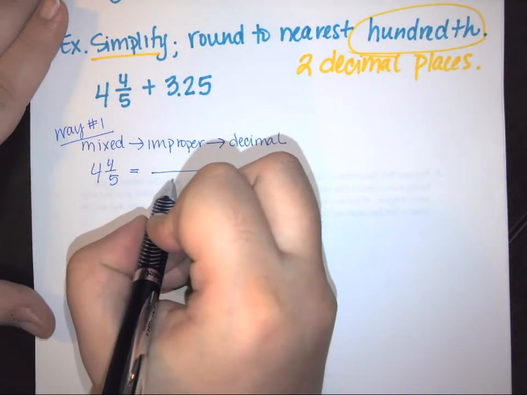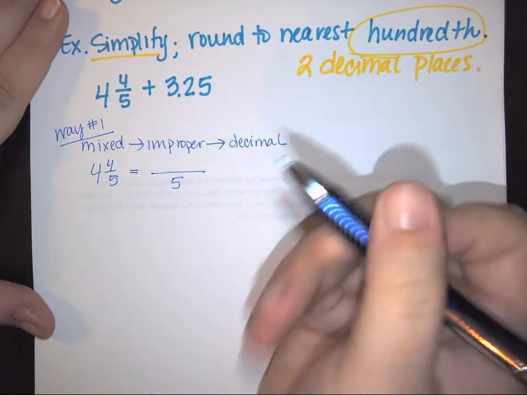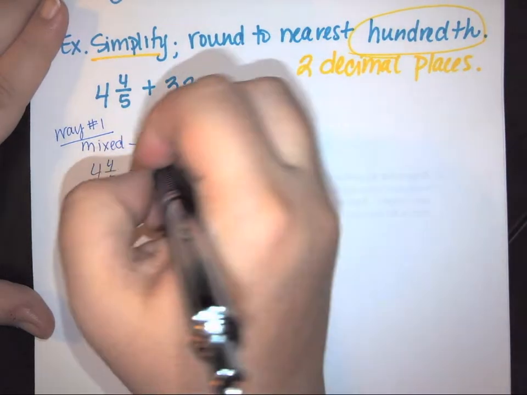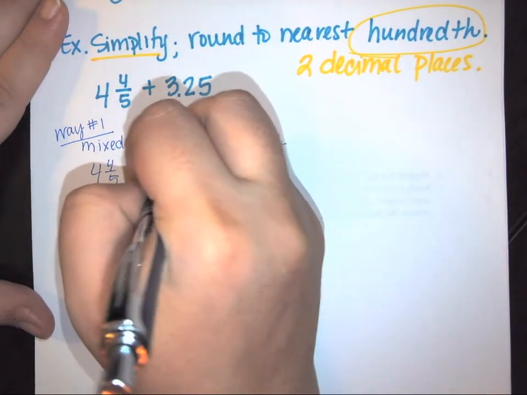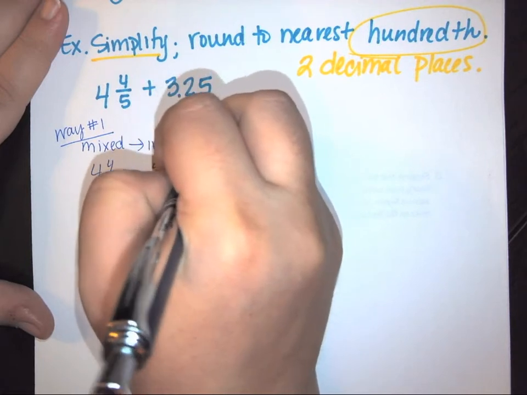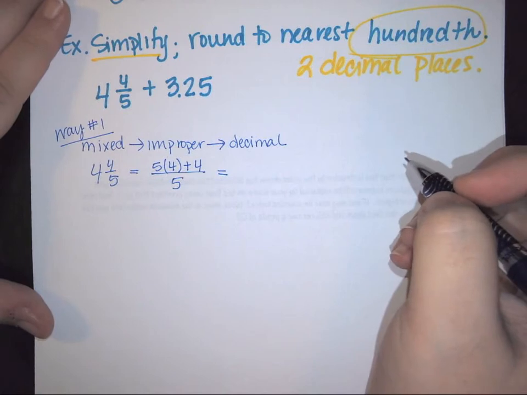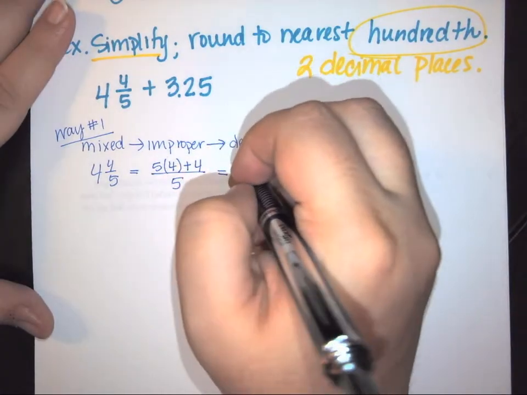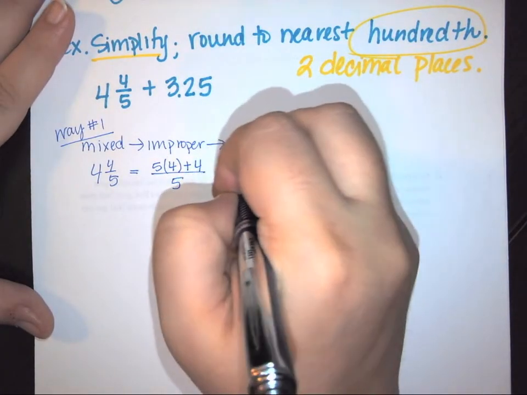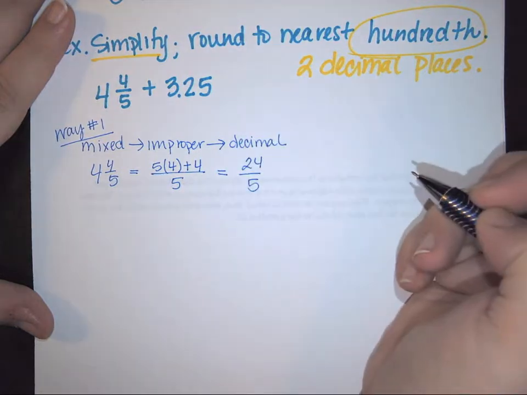My denominator is a 5, so it'll stay that way. And then my top becomes the denominator times the big number plus the numerator. So when we do that, you have 5 times 4 is 20, plus 4 gives you 24 over 5.